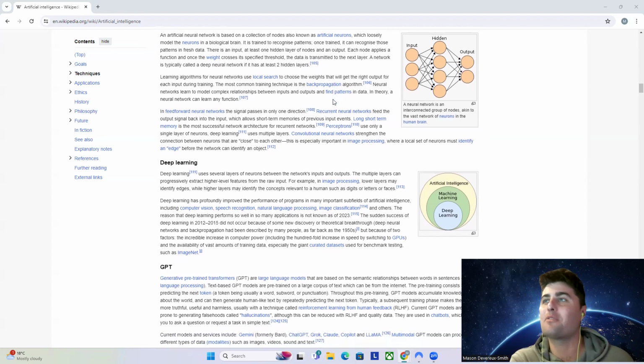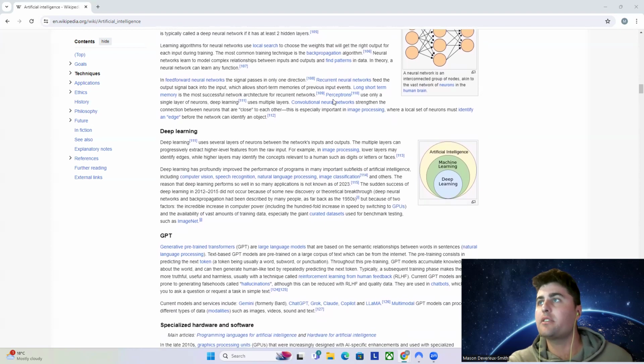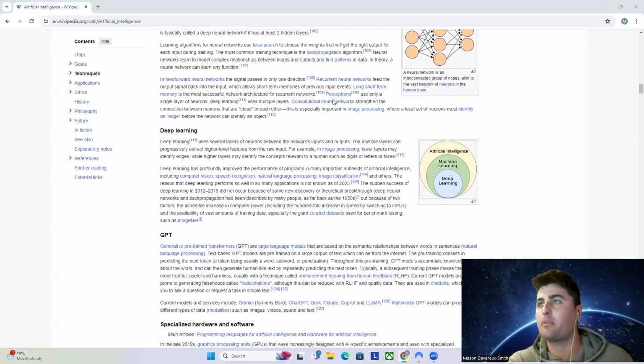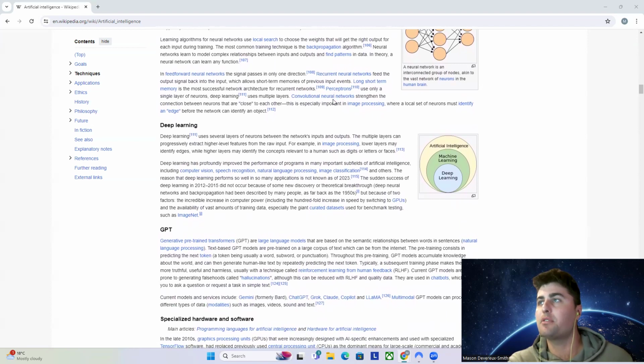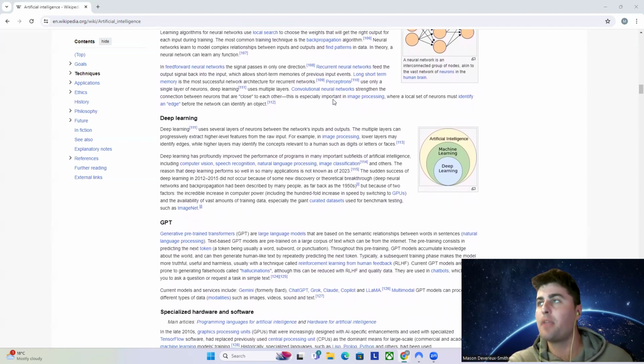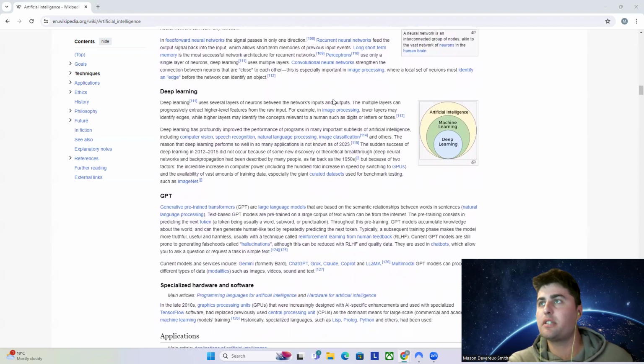Learning algorithms for neural networks use local search to choose the weights that will get the right output for each input during training. The most common training technique is the backpropagation algorithm. Neural networks learn to model complex relationships between inputs and outputs and find patterns in the data. In theory, a neural network can learn any function. In feed-forward neural networks, the signal passes in only one direction.